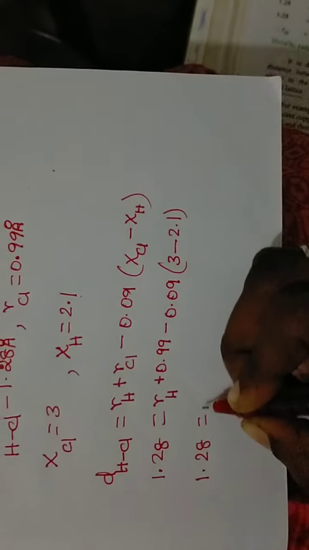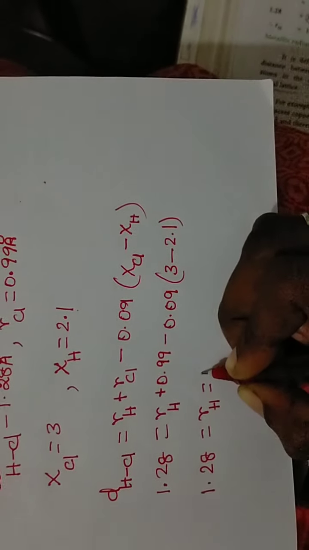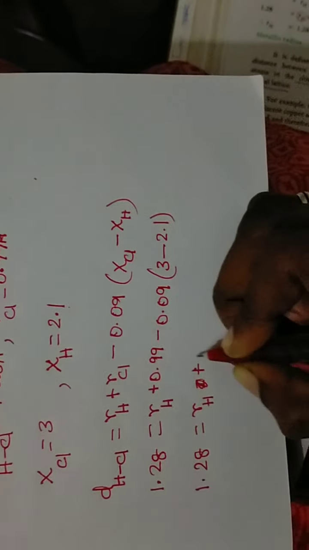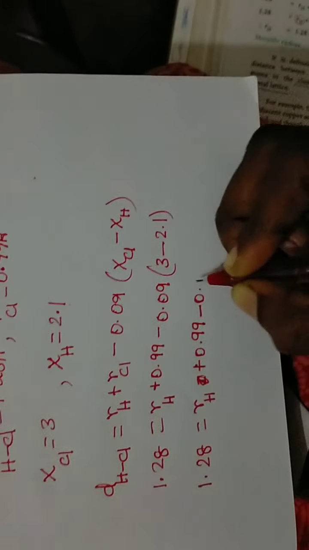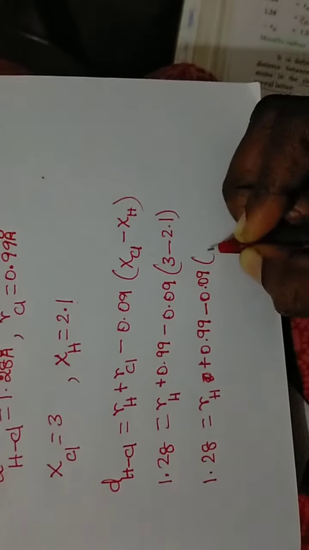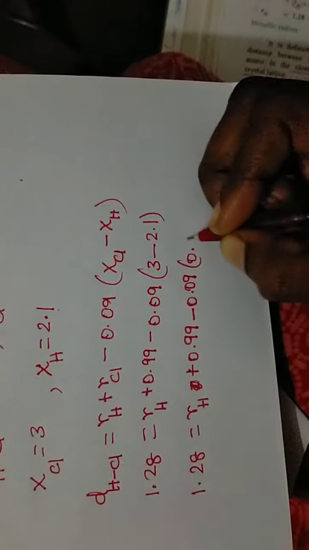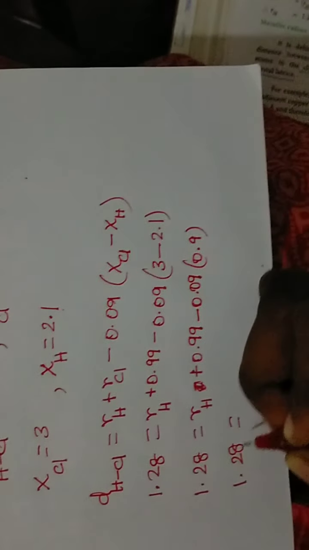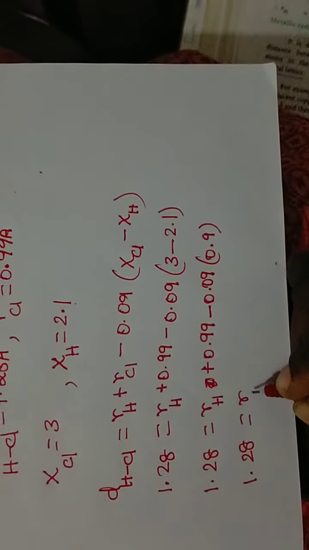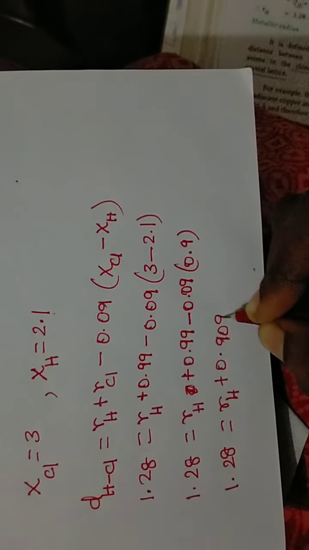1.28 equal to R_H plus 0.99 minus 0.09, then subtract this value and you will get 0.909. Then what is the final value? 1.28 equal to R_H plus 0.909.